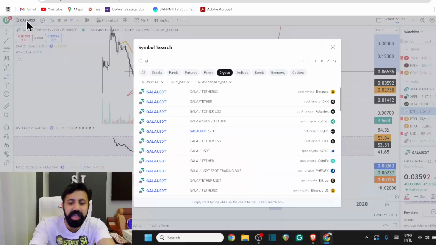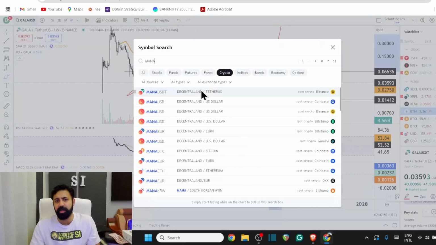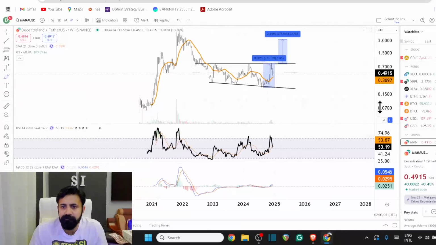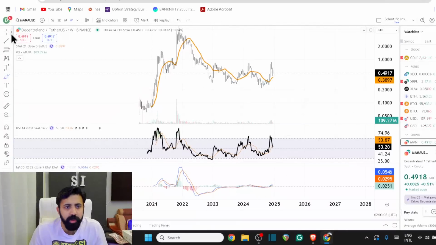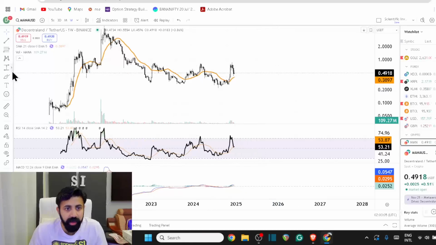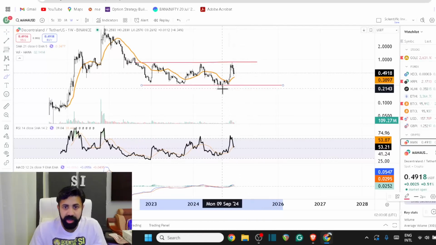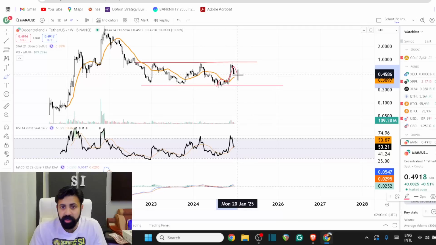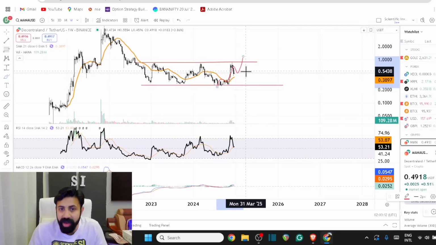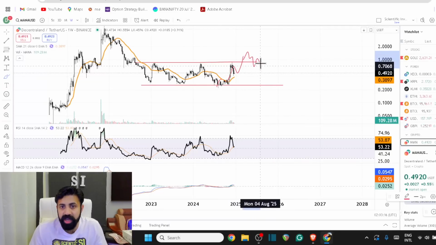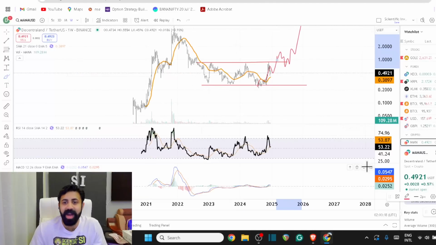Now, let's see if that's a one-off in gaming. So this is Mana. When you're looking at another large cap asset in gaming, this is what you see. You're still in accumulation and it looks like you're doing the 1, 2, 3. Let's see if we break this accumulation region, because if you do, you stay choppy here and then ride back up.